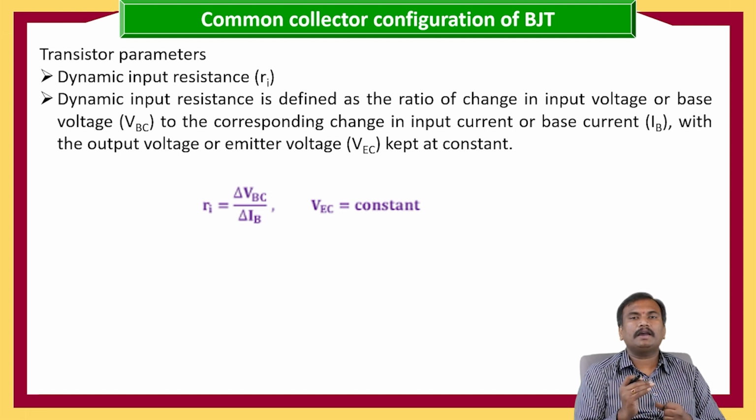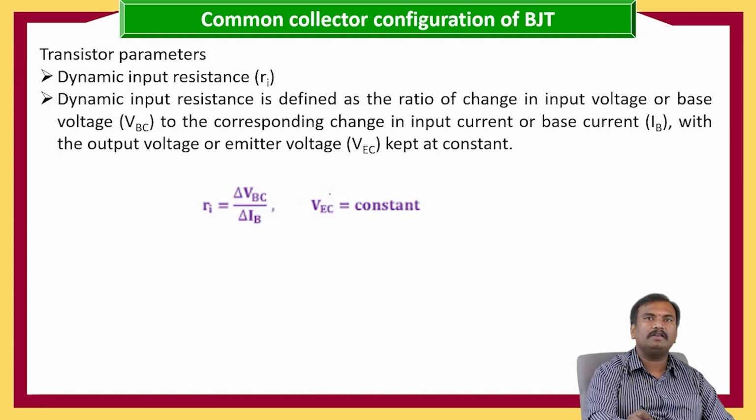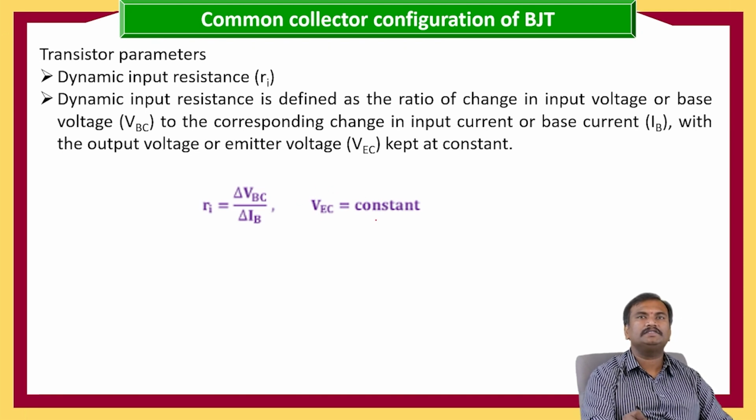Here the dynamic impedance or dynamic input resistance is the change in voltage divided by change in current corresponding to a particular output voltage. Here we are keeping the VEC value constant. Ri is equal to delta VBC by delta IB.